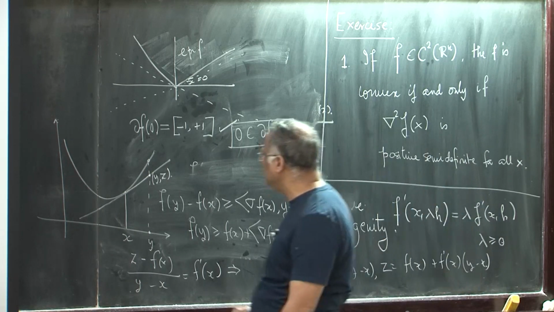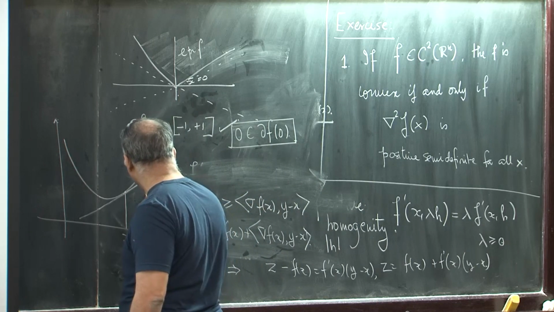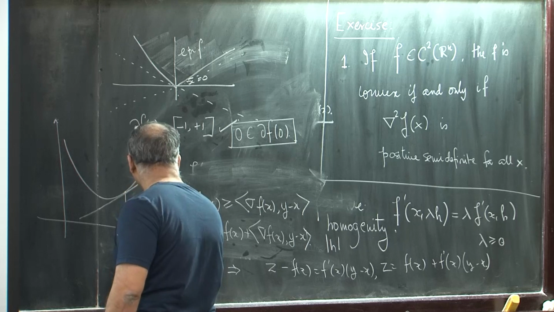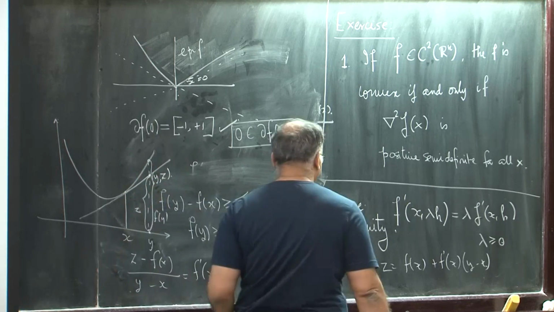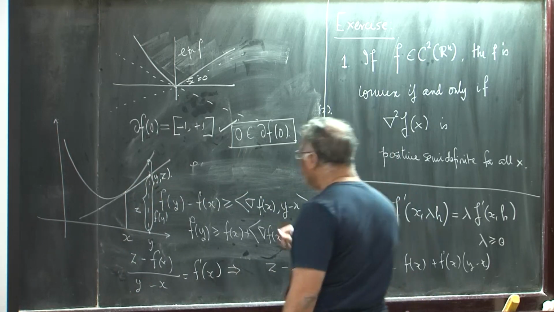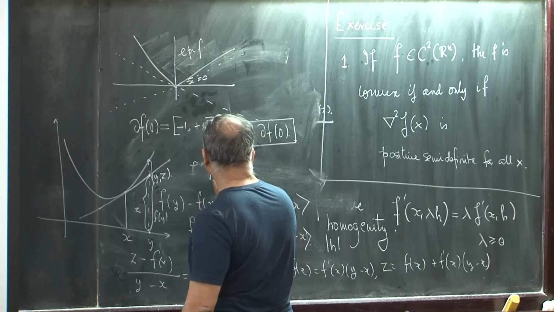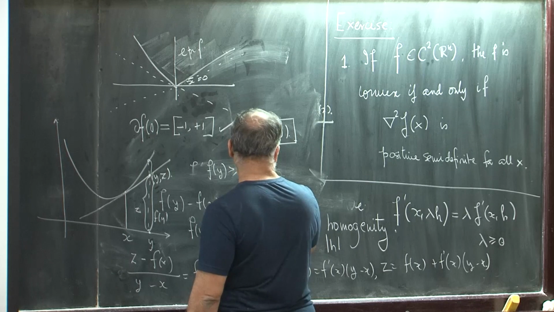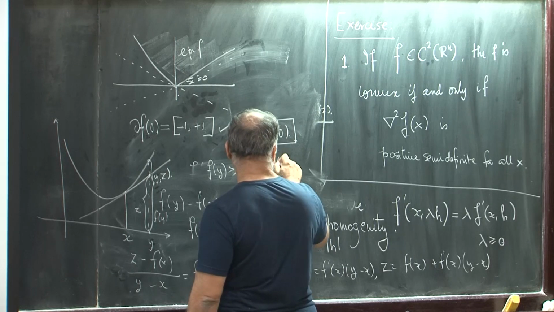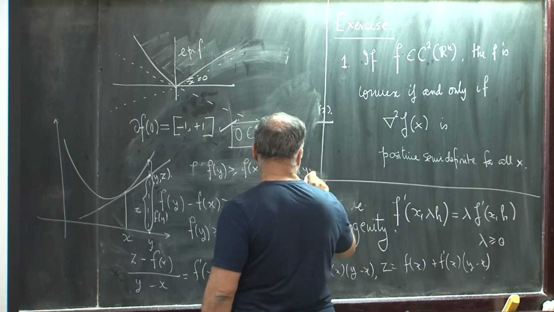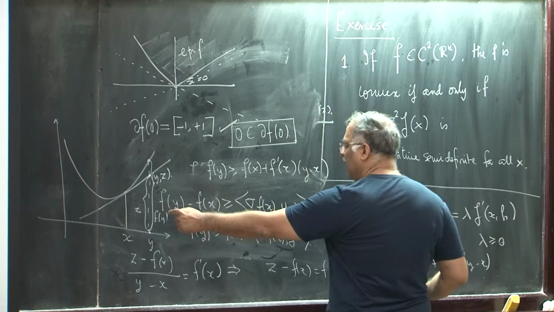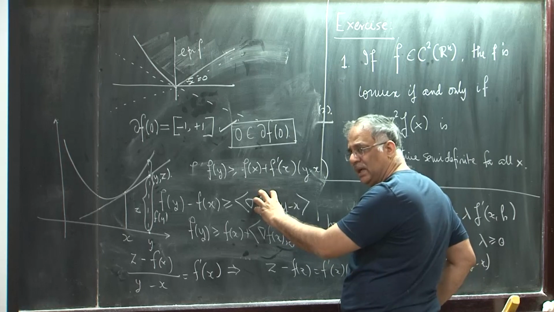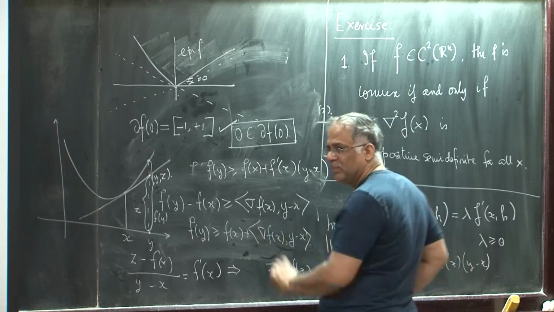But you observe that this is z, and this is your f of y. So f of y is actually bigger than z, which means that f of y is greater than or equal to f x plus f dash x into y minus x. That idea in higher dimension is given by this, because the derivative is replaced by the gradient, and the multiplication is replaced by the inner product.